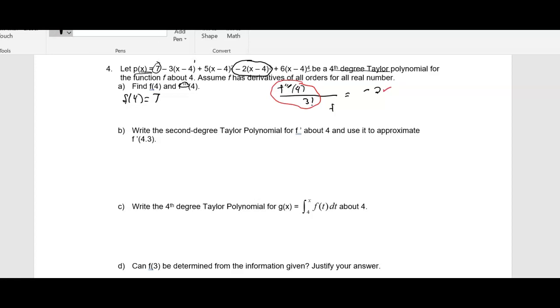So you set up that little equation knowing that f triple prime of 4, over, instead of 3 factorial, I'm going to write it as a 6, that ratio reduced down to be negative 2. So the third derivative at 4 would have had to be negative 12. Very common question, very common.